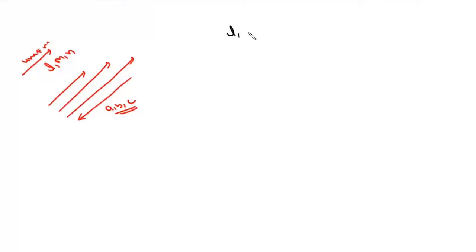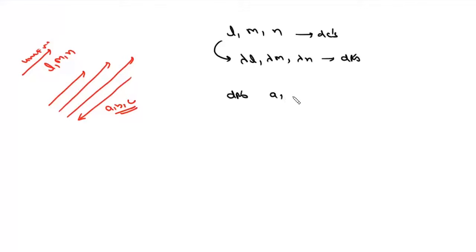So if we have l, m and n, and if we multiply it with any non-zero scalar, then lambda l, lambda m and lambda n are your direction ratios. So we can find direction ratios from direction cosines, and if we have direction ratios say a, b and c, then in order to find its direction cosines, we have to divide everything by their magnitude.